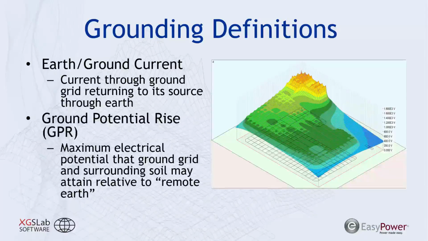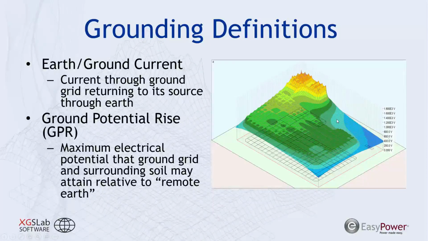Some of the concepts associated with a grounding study: we are looking at a ground fault or earth current going through your grounding system. Whenever you have a current, there's a voltage, and we see a ground potential rise at your grounding system. You can see that illustrated on the right here.